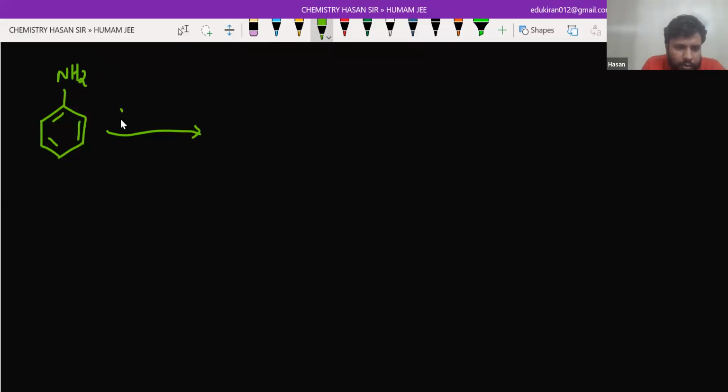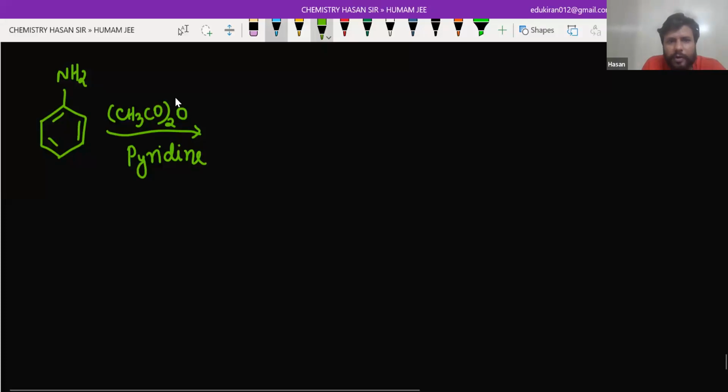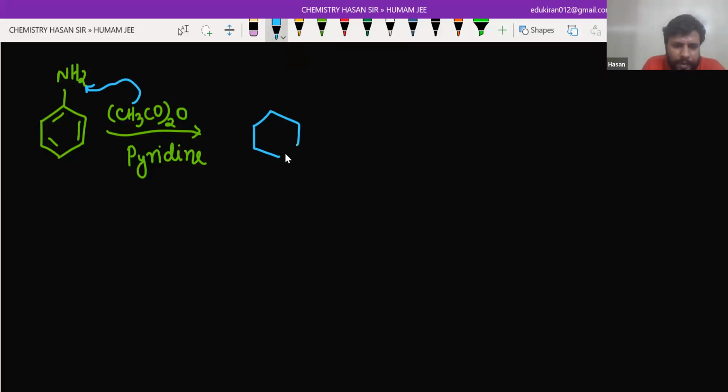You are going to use this peroxide, (CH3COO)2O, in the presence of pyridine. What will happen? Very simple. This whole quantity will be replaced by one hydrogen. So it becomes an amide like this. See, there is NH only left. One of the hydrogens is replaced by C=O CH3 with this.